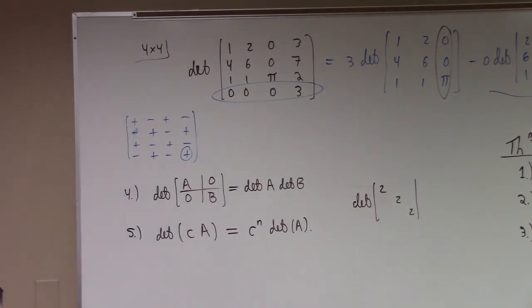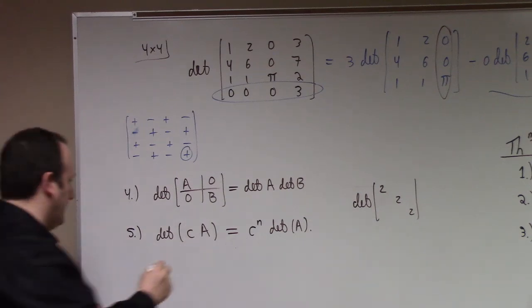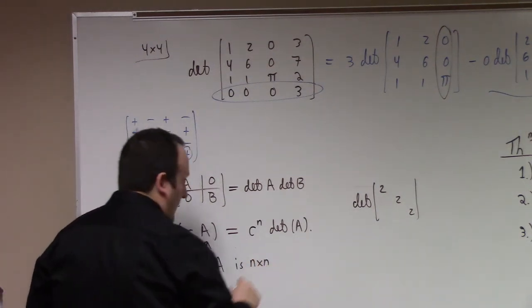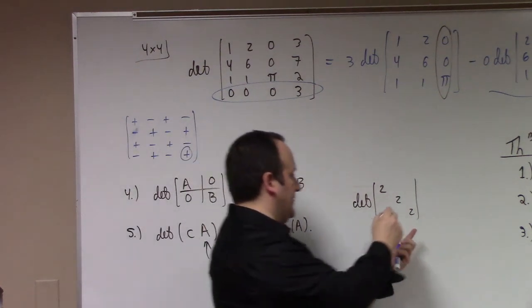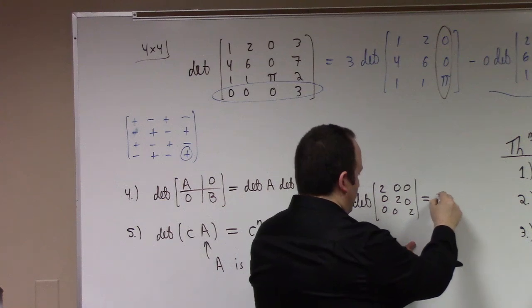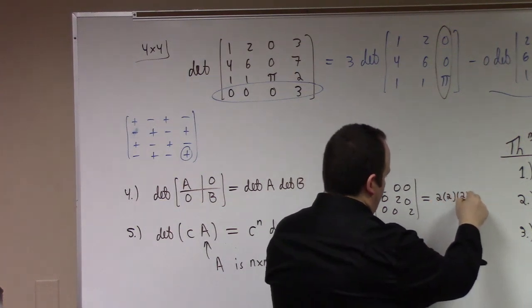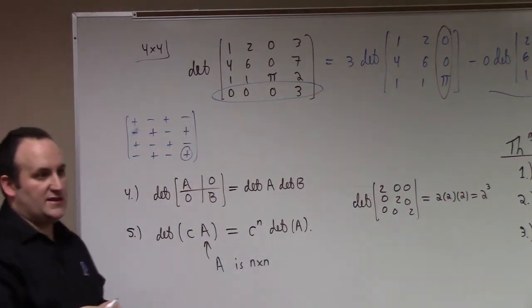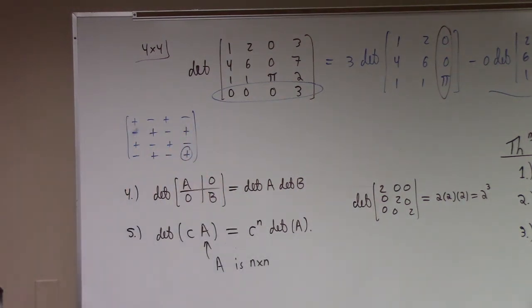Yeah, here we're talking about an n by n matrix. For example, in the 3 by 3 case, it's easy enough to see for the diagonal that this would be 2 times 2 times 2, which is 2 cubed. That's an example of pulling the 2 out as a cube, because that's 2 times I.